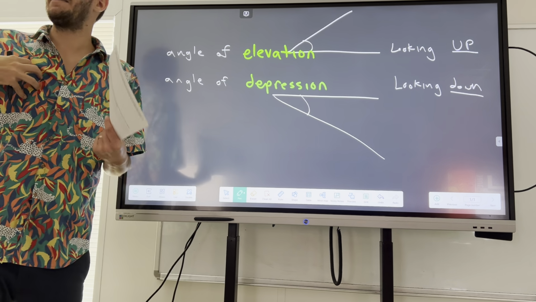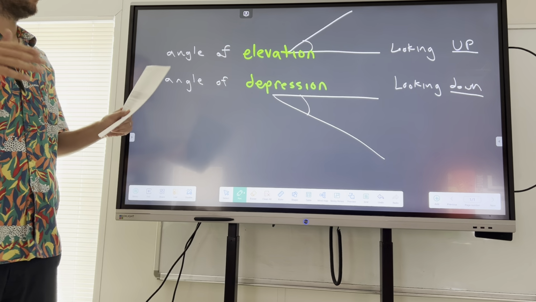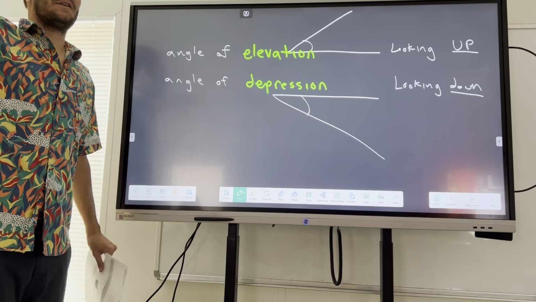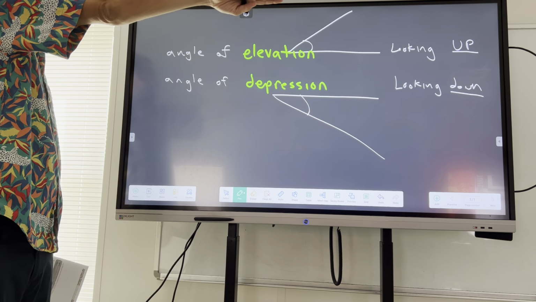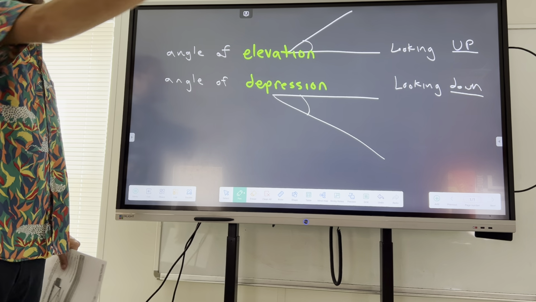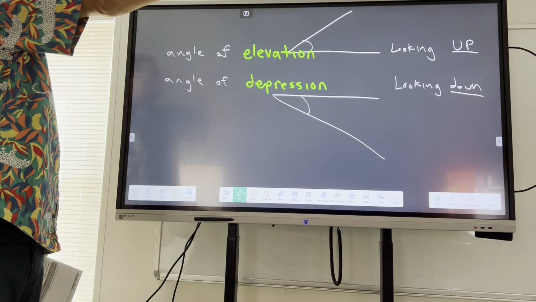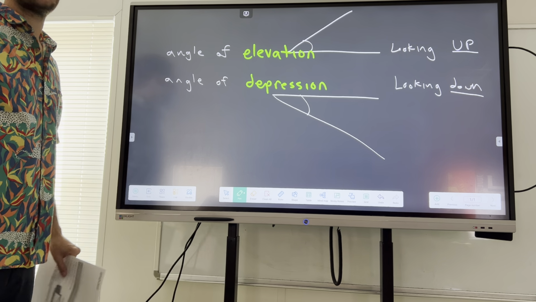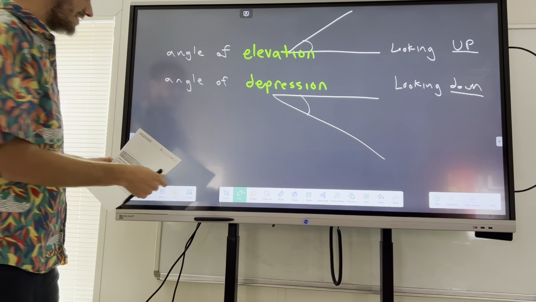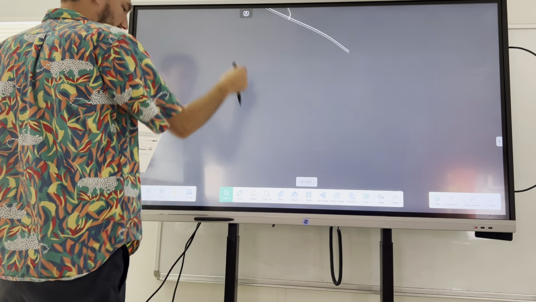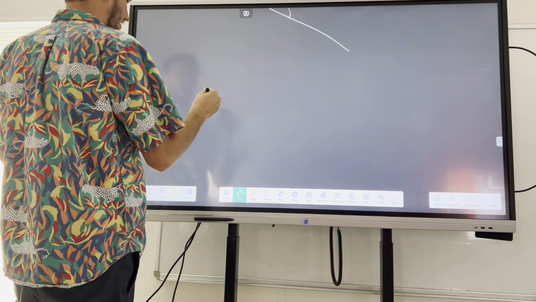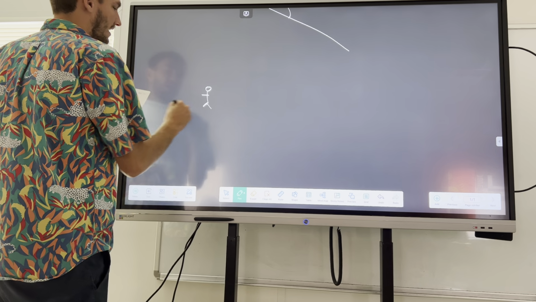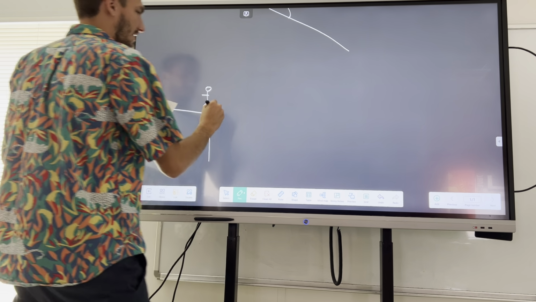The real way that I like to think about this is always start by thinking about the horizontal line. Start by thinking what happens if you look straight ahead. Once you find that, there's the look up, there's the look down, and you can sort it out. So the next picture, which is really kind of crazy looking, is a guy on a cliff, and there's a bunch of lines.